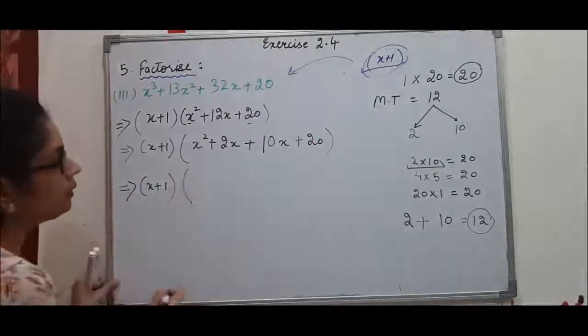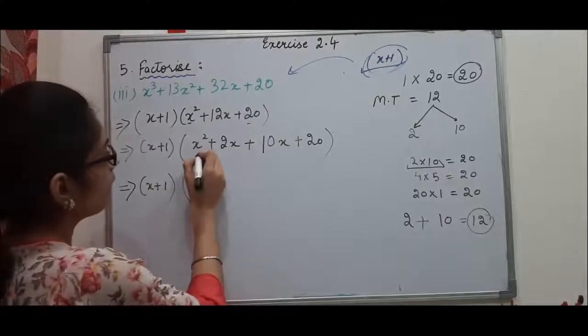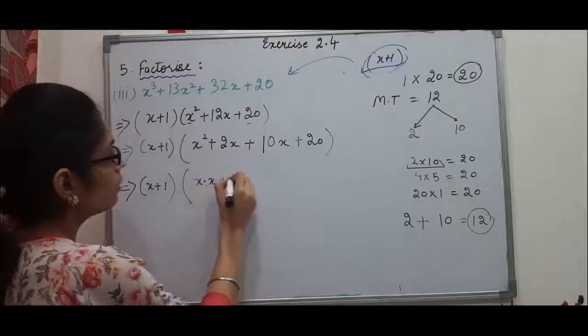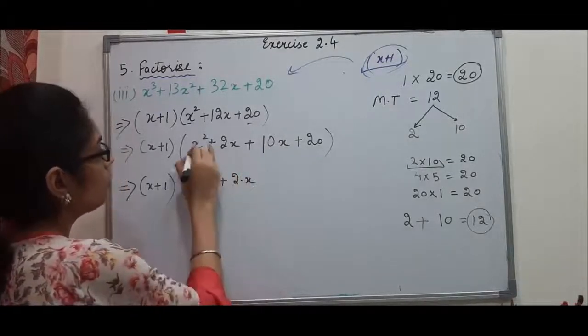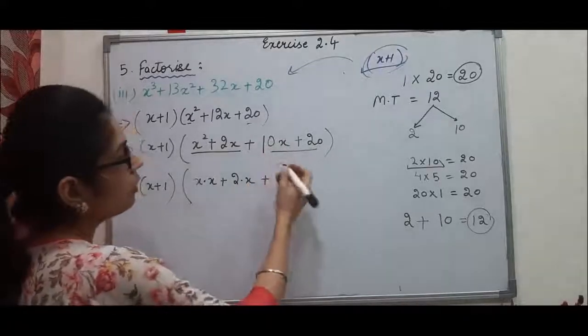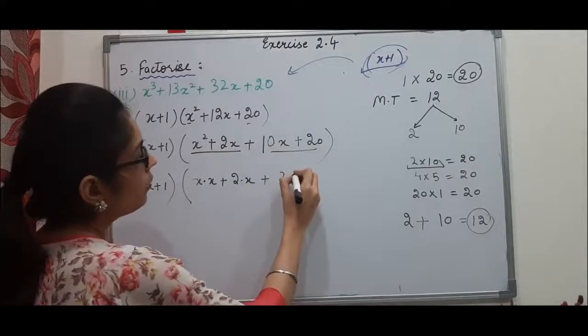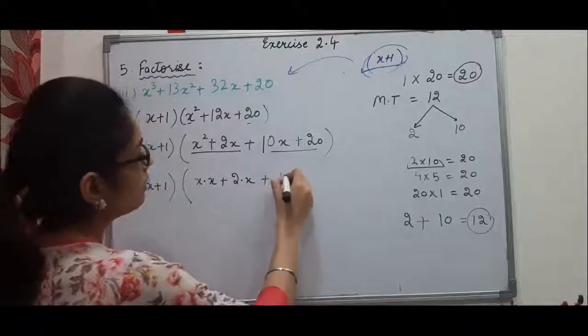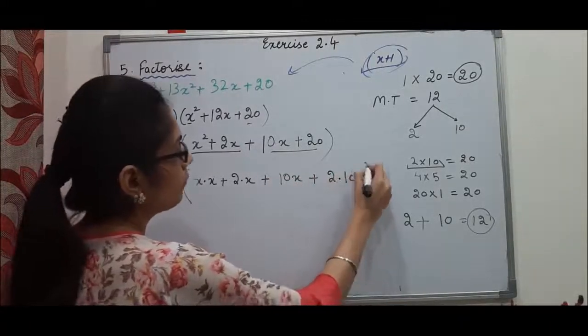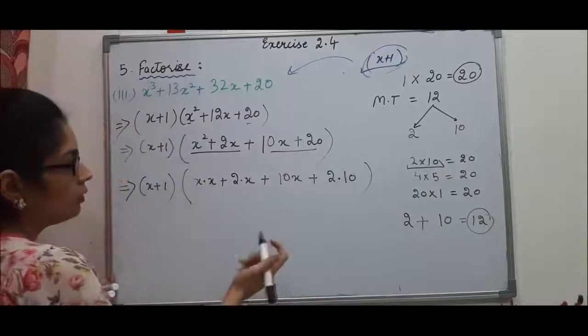X plus 1, then let's write simpler forms of this. X square I can write as x into x, 2x I can write as 2 into x. I'll make a pair of these two and these two. Then 10x I write as it is, no need to break it down. 20 I will break as 2 into 10.